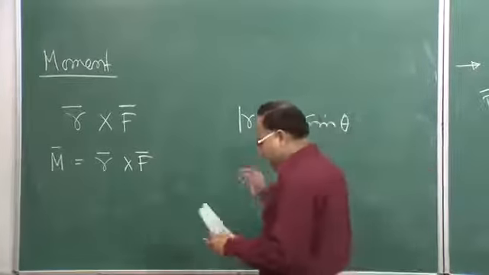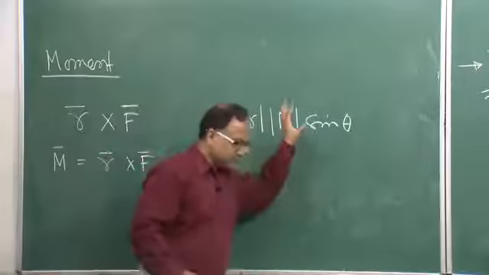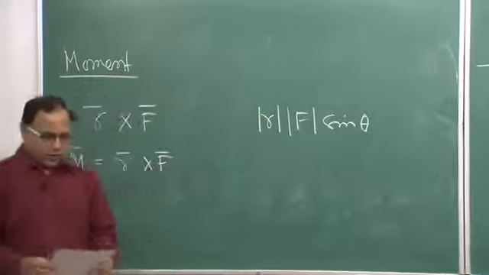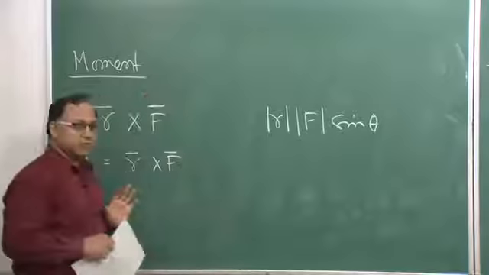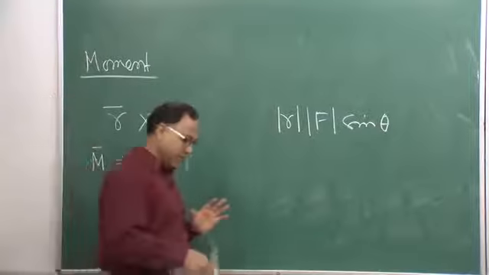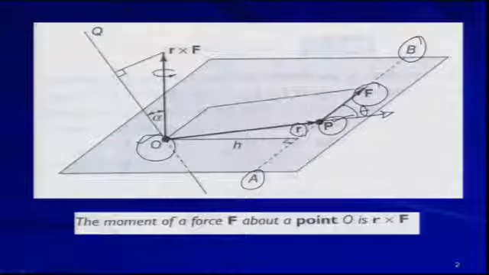Now, if you look at this expression, the moment of a force F at a given point O is invariant under the operation of sliding the force along the line of action. What does it mean?